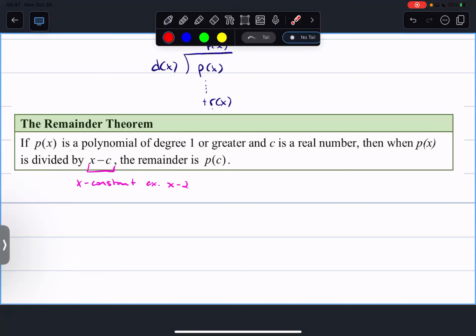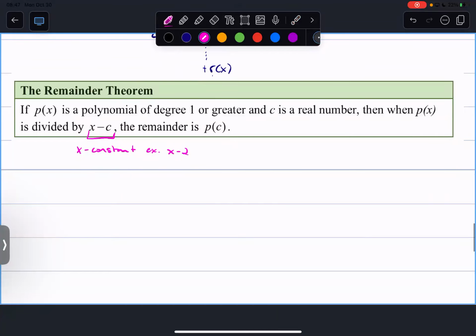Then what's kind of cool is that the remainder is going to be the original polynomial evaluated at c. That's crazy, right?